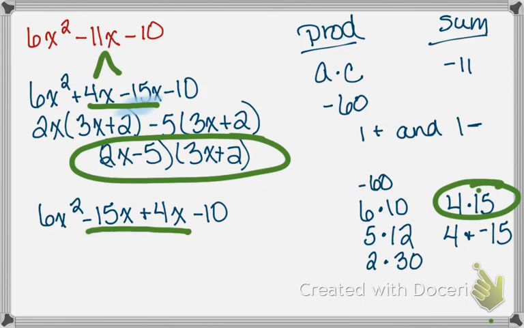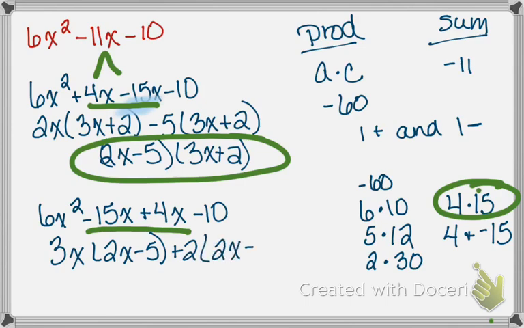Because here, I take out a 3x, and then I'm left with 2x minus 5. Then I take out a 2, and I don't have to worry about it being negative, and I'm left with 2x minus 5. Do I get exactly the same thing?